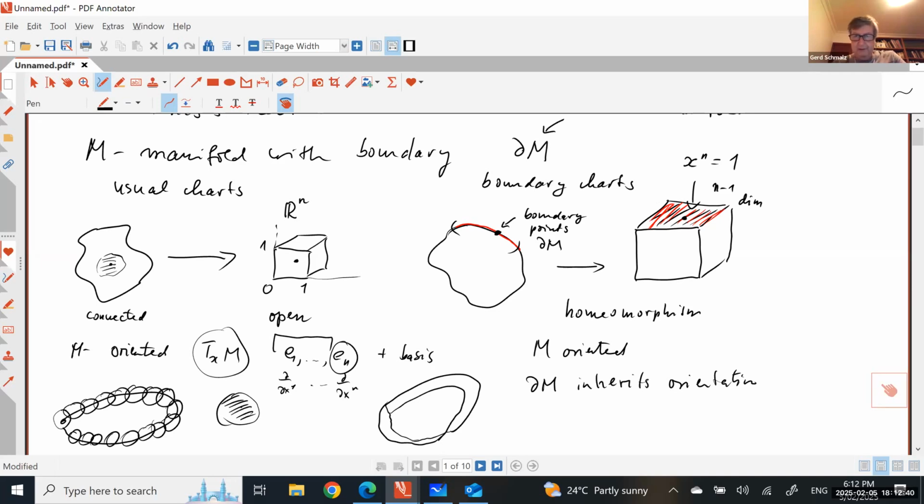So if we have a positive basis inside, we can get a positive basis just by making the extra tangent vector, this normal vector, the last vector and then dropping that. So that is something that would work.